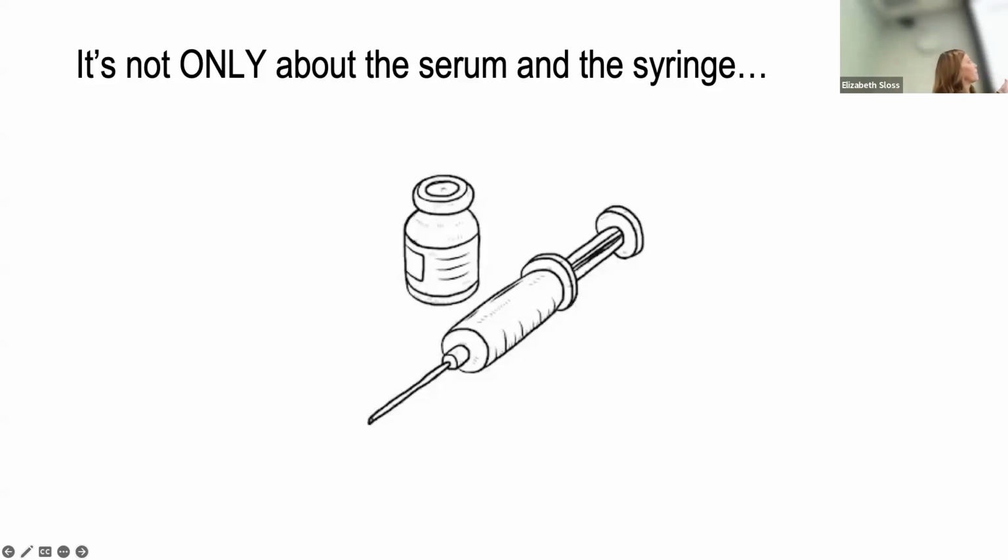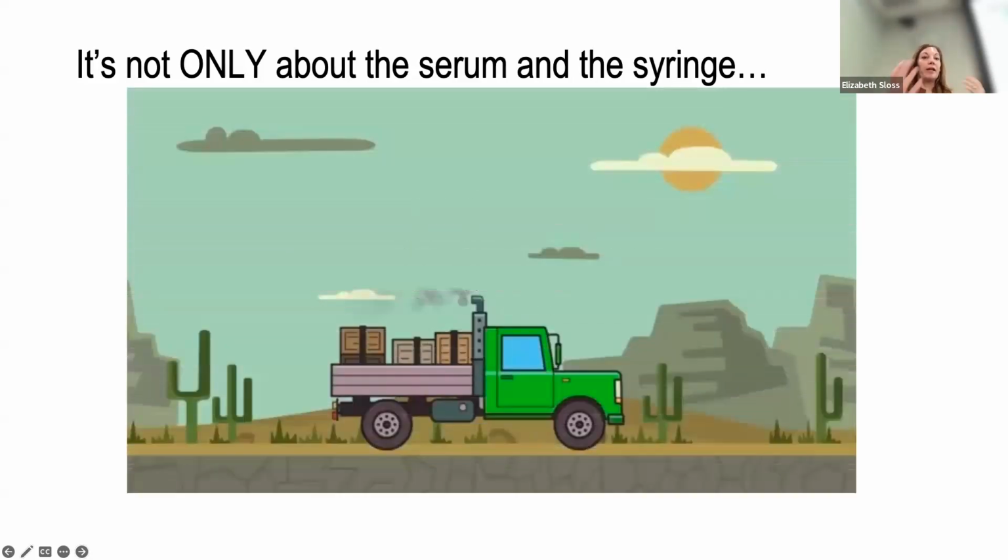So if we take this vaccine or medication, it happens to need cold refrigeration or cold chain logistics, if you will. So we now have an effective medication, how do we get it to people? In this setting, this example is in Central Africa, and it needs cold chain logistics.